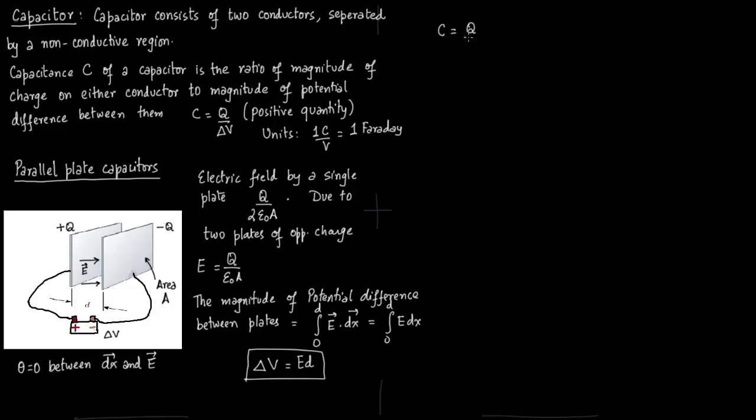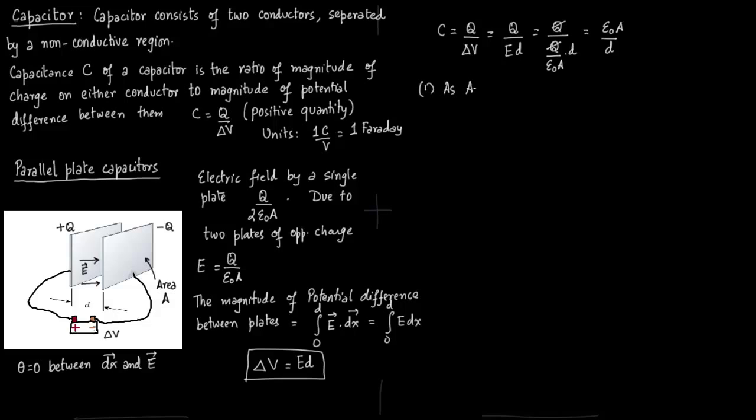So capacitance is given as Q over delta V. This is our formula. So you can write it as Q over E times d. Now E between two plates is Q over epsilon 0 times A. So Q cancels out, and capacitance is given as epsilon 0 A divided by d.